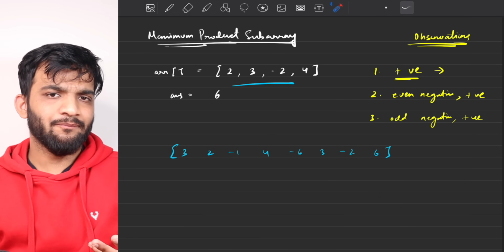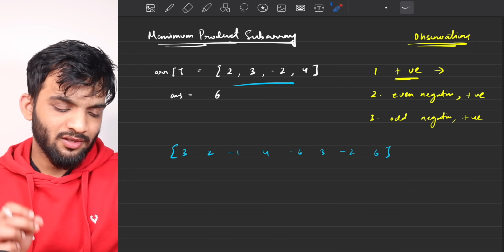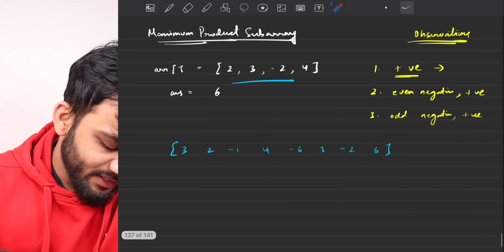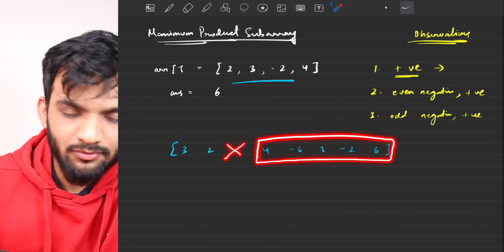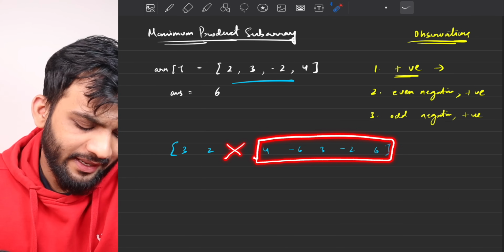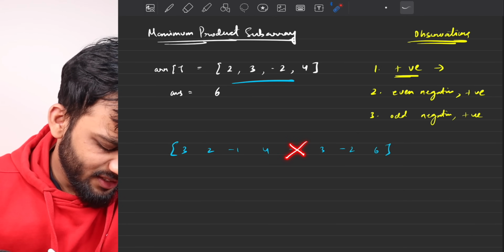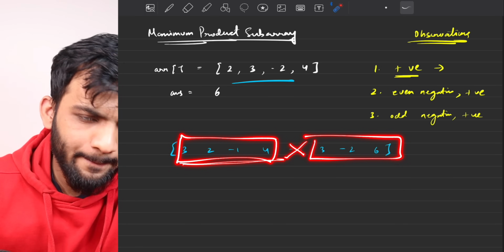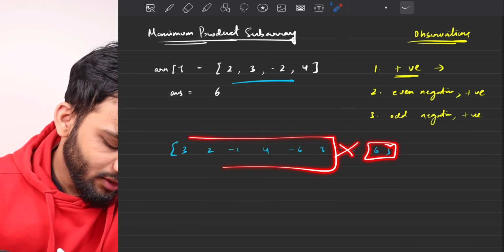So can I say, whatever answer you are getting, if you have an observation, let's observe. When you ignored minus 6, this was your answer. Like, this is the maximum. When you ignored minus 6, whatever array you were taking was here and was here. Whenever you ignored minus 2, it was here and it was here.